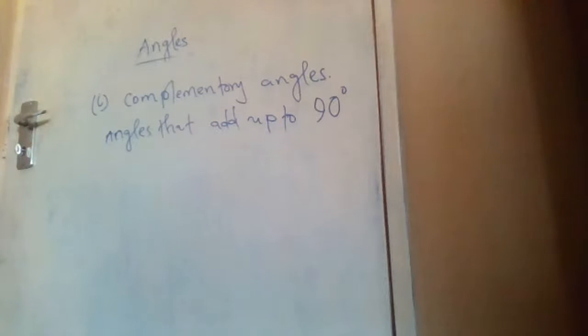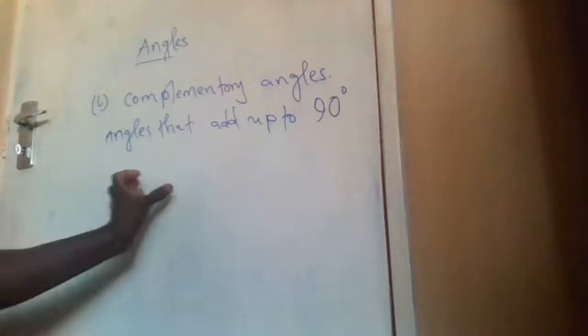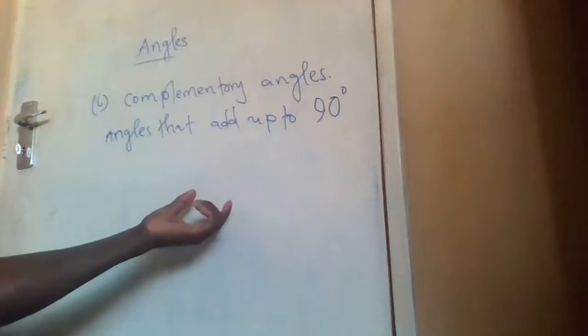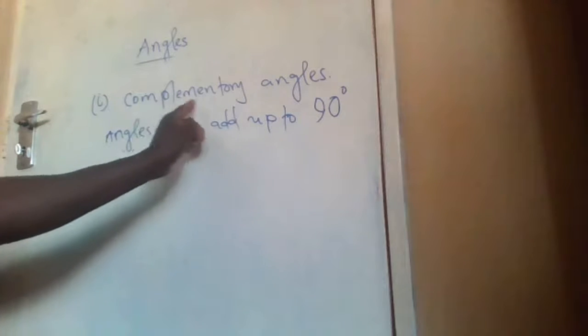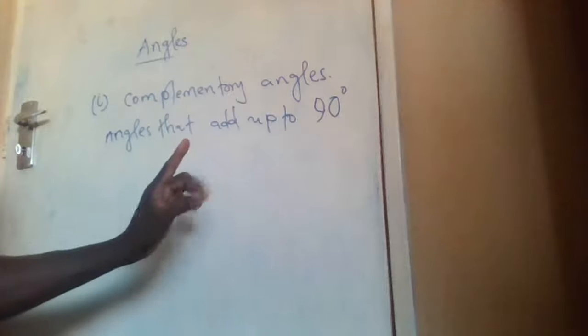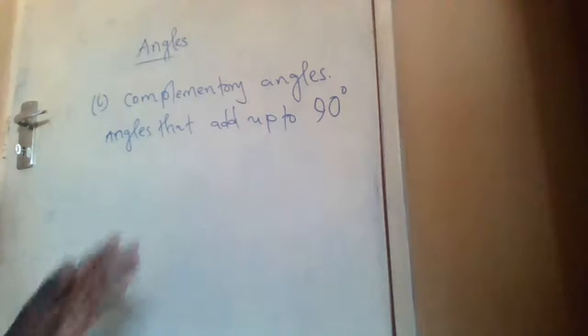So complementary angles can be 2, can be 3, can be 4, but when we add them, the maximum value that we can get is 90 degrees. What does it mean? They may give you few angles, hide some more, and then ask you to find hidden angles. But for as long as we're talking about complementary angles, one thing you know for sure is that they must be equated to 90 degrees.